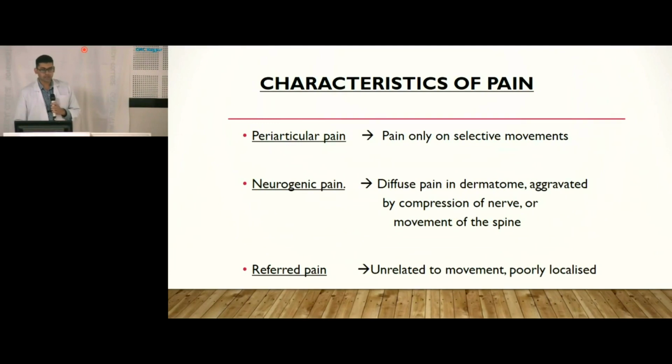Neurogenic pain, especially if you are dealing with low back pain, sciatica, radicular pain: whenever there is compression or irritation of a nerve because of the surrounding structure, it will give rise to neurogenic pain, as well as referred pain. Though we usually don't come across referred pain in arthritis, we just need to keep in mind that this can also be one of the features.